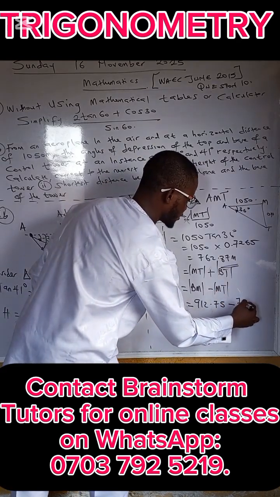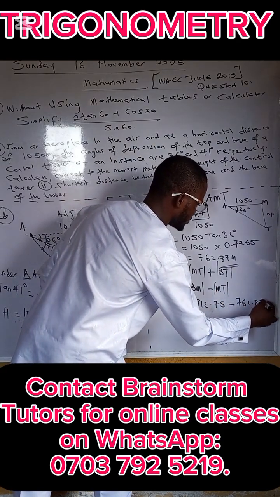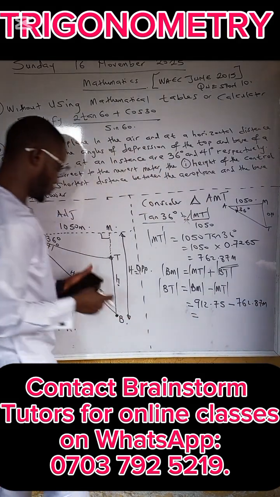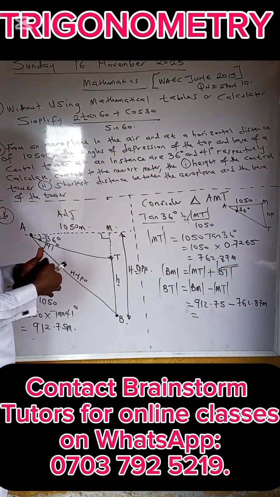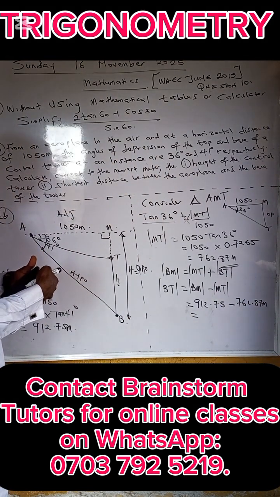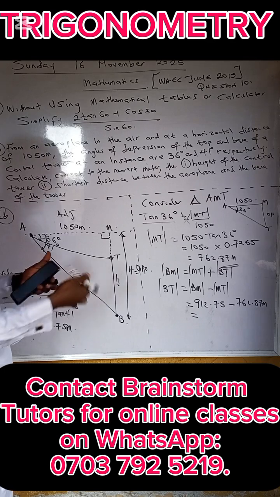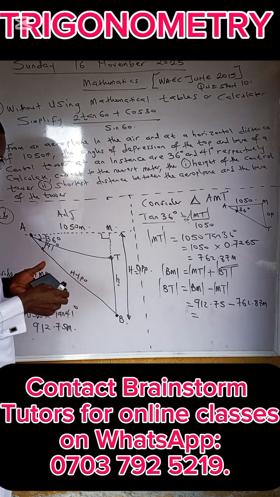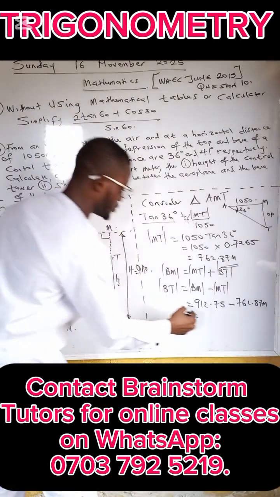We have 762.87 meters. So now, if we subtract 762.87 from 912.75, we have 912.75 minus 762.87.